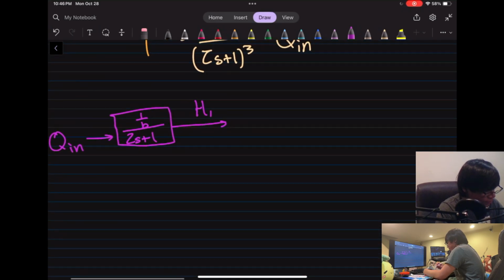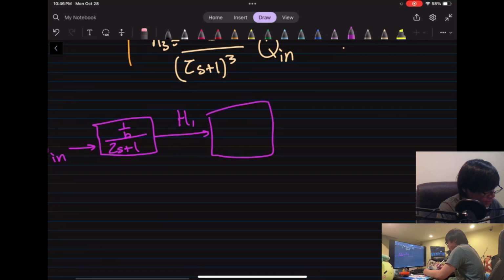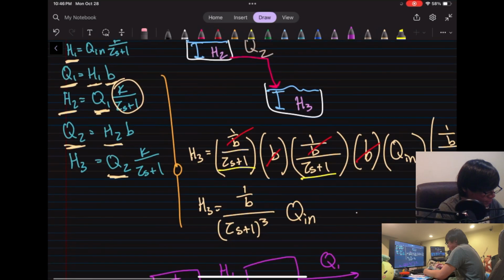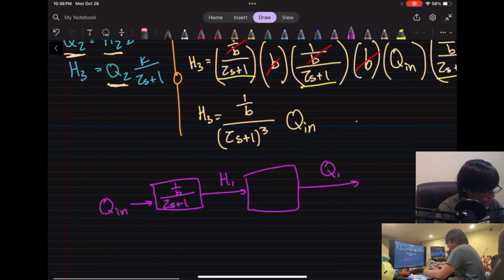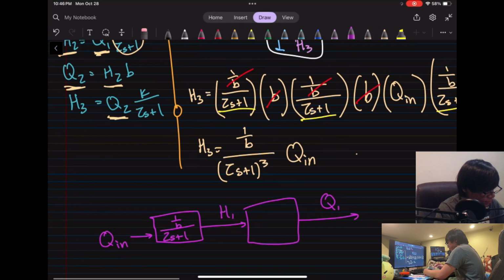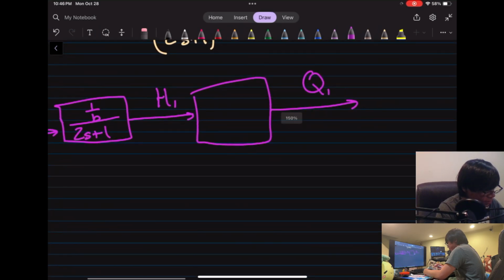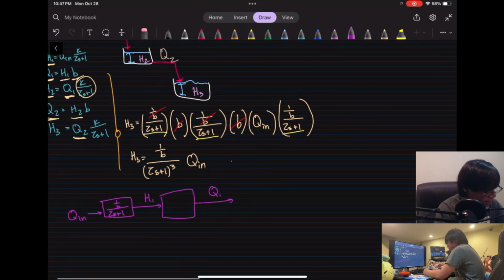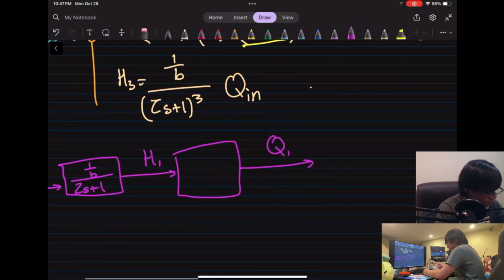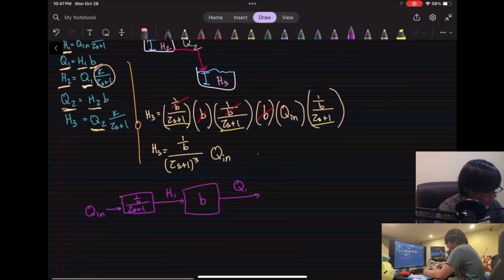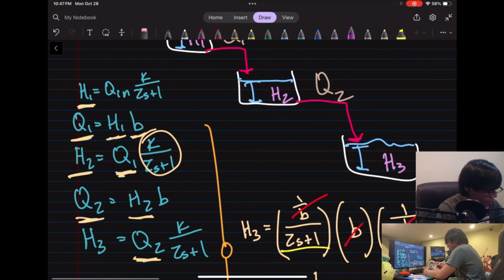And then from the height of one tank to get the Q1 of the other. Did I do this correctly? Yeah, I'm pretty sure. We're multiplying. So then H1, the height of first tank, we multiply by B, get our first flow right here.